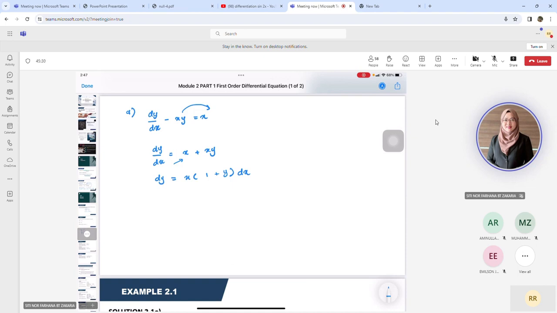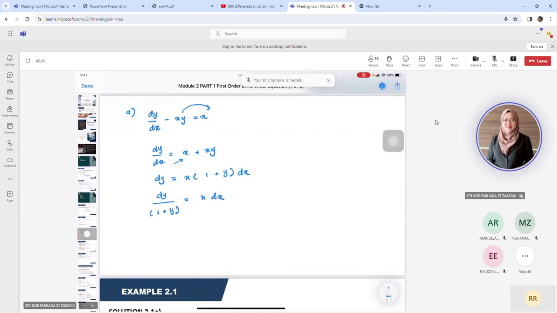So 1 plus y, we can transfer to the left, it will become divide, right? dy over 1 plus y equals to x dx.